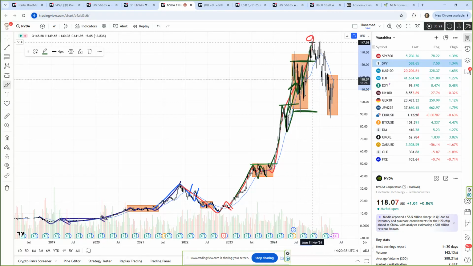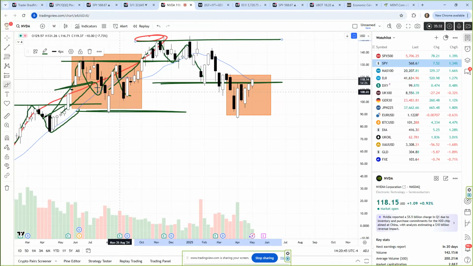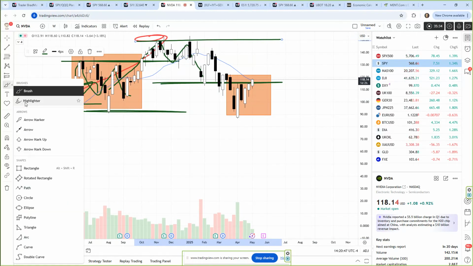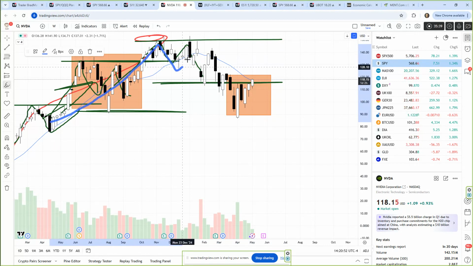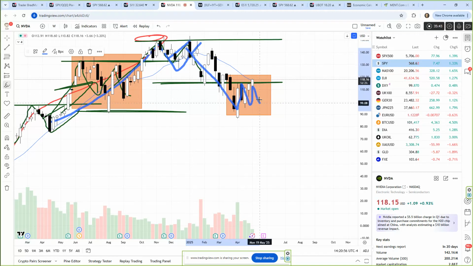We have another cradle pattern right here, breaking down. We would have the lows here, the highs up here. If we've broken below these lows, we have a new excess phase peak pattern right over here, rallying up, flagging into consolidation, potentially breaking down into an ultimate low.